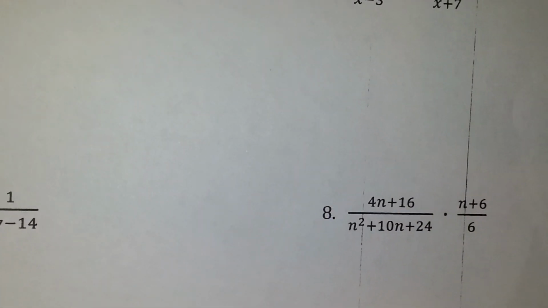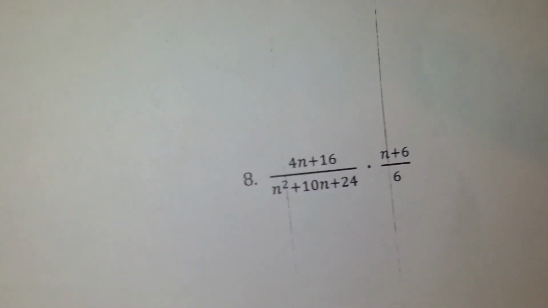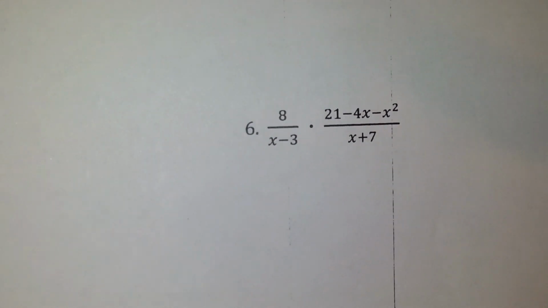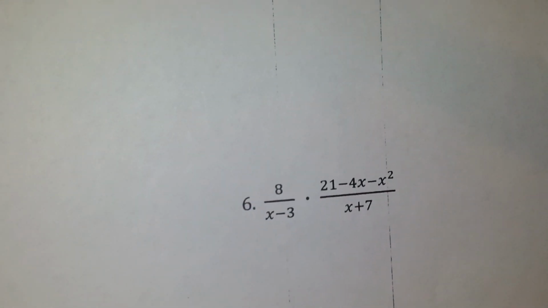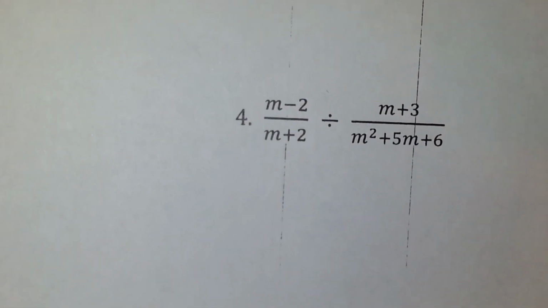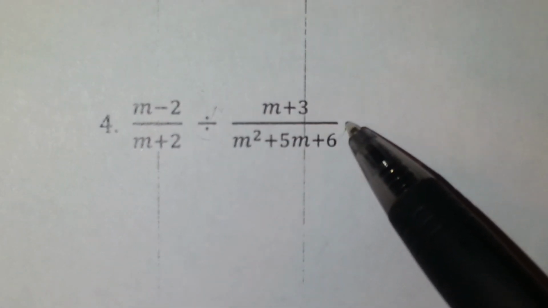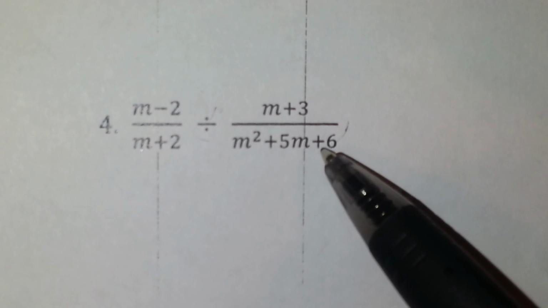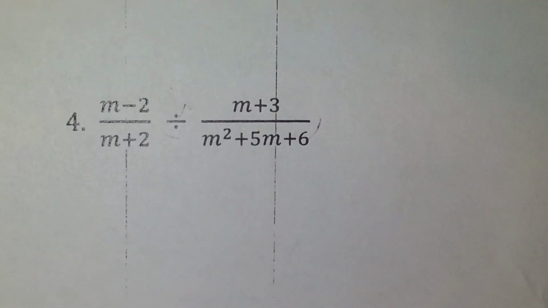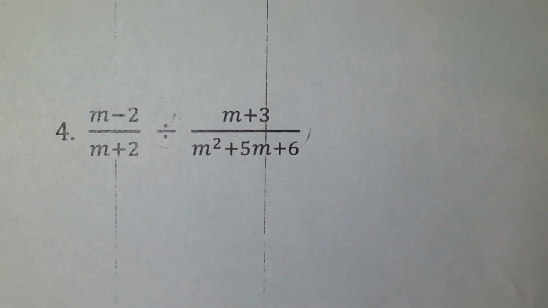That's the one. And finally, remember, where's this one I wanted to work? Number 4 here. Remember, we're going to change this and flip this around and factor, okay? All right, so that's all I'm going to do with that. I think we're pretty good.